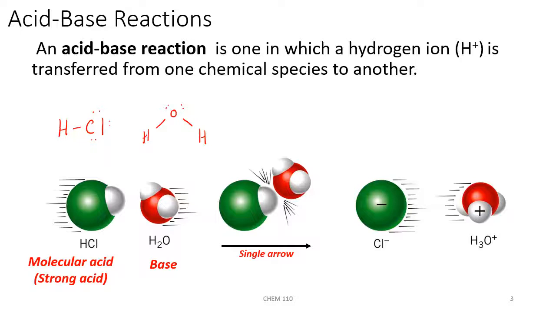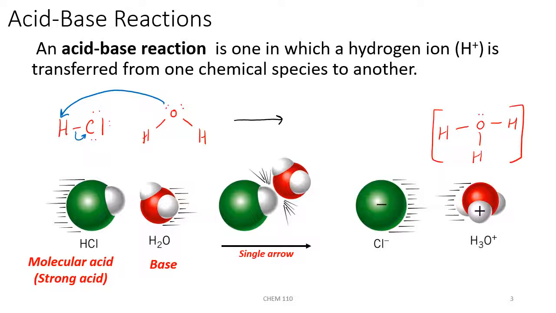What actually happens is the water acts as a base, and the base will grab a proton, so just the hydrogen, from the acid. The electrons in the HCl bond are actually left with the chlorine, which then becomes chloride. So water grabs just a proton and becomes the hydronium ion, or H3O+.